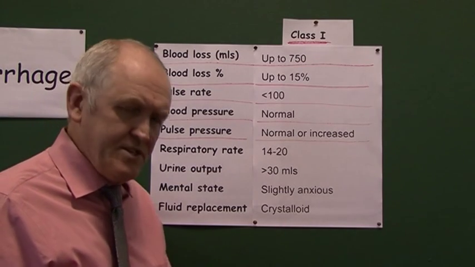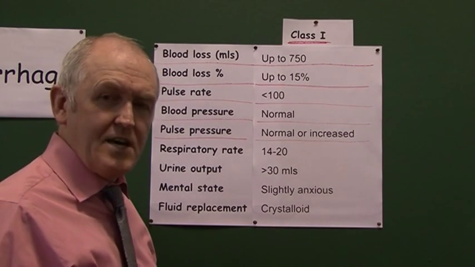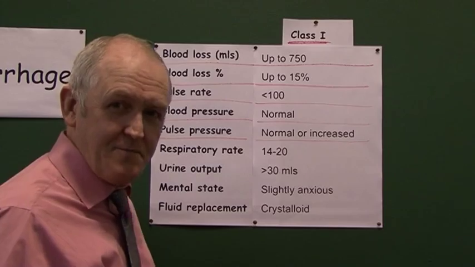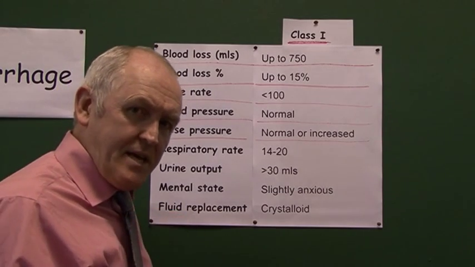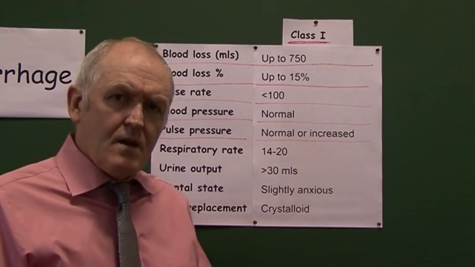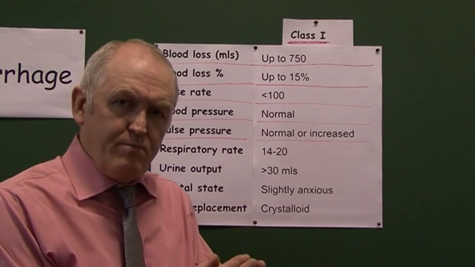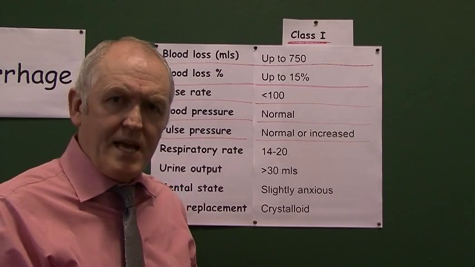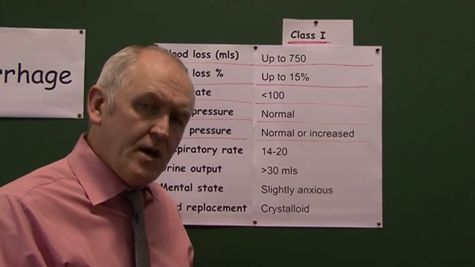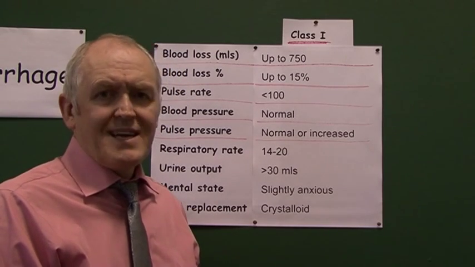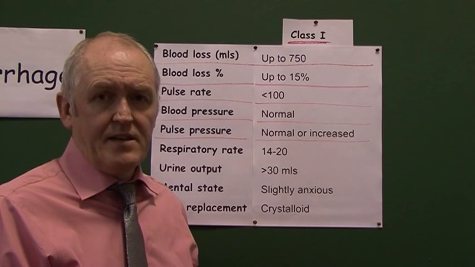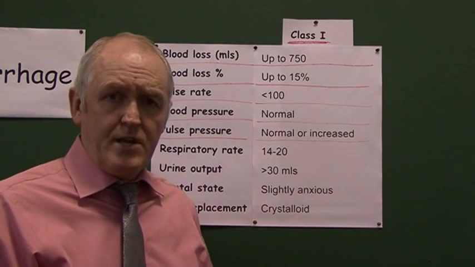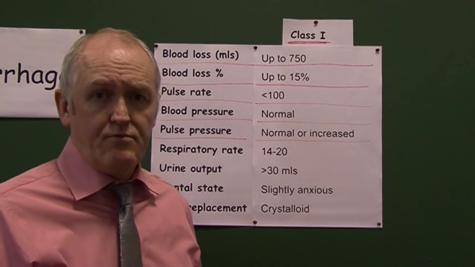What I've actually said here is that hemorrhage can cause an increase in diastolic blood pressure. That's rather strange, isn't it? But what's actually happening here is that when the patient starts to lose blood, the sympathetic nervous system is going to stimulate the adrenal medulla to produce catecholamines, adrenaline and noradrenaline, or if you're in the US, epinephrine and norepinephrine.